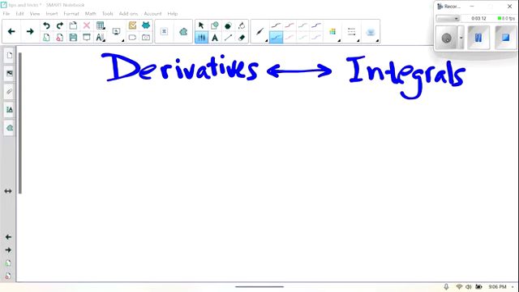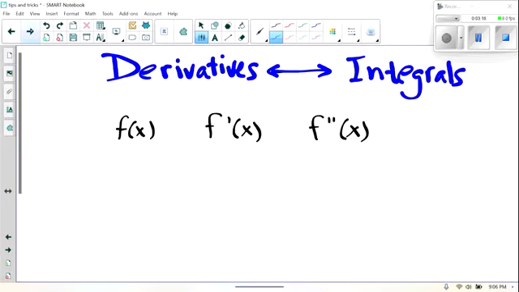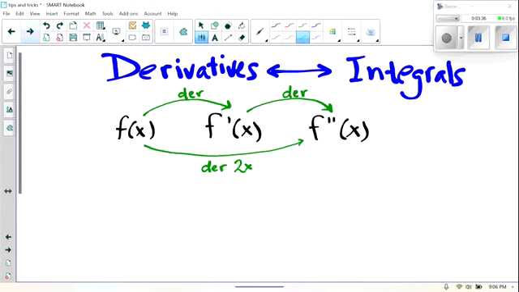So let's dive into the relationship between derivatives and integrals just a little. First of all, we have our original function, which we call f of x. The derivative is f prime of x, and the second derivative is f double prime of x. They are all one derivative away from each other, which means if you're starting with f of x, you need to take two derivatives to get to the second derivative.